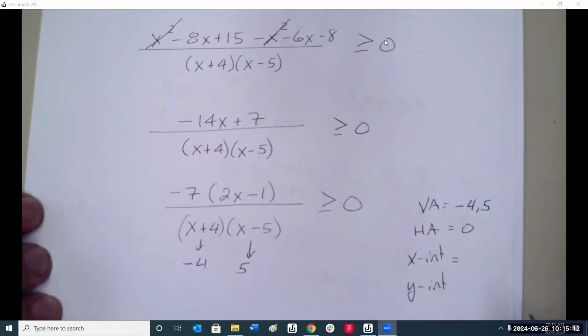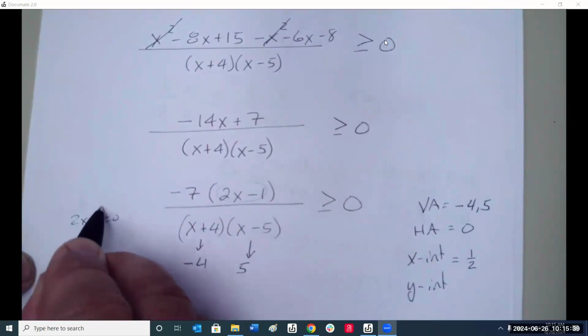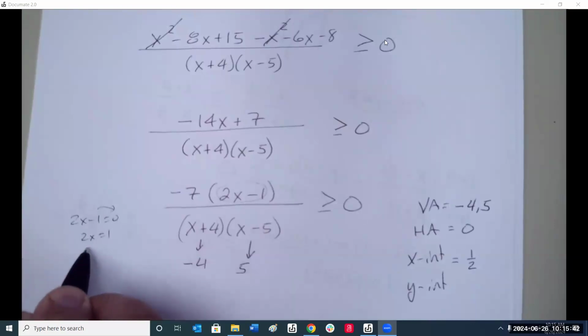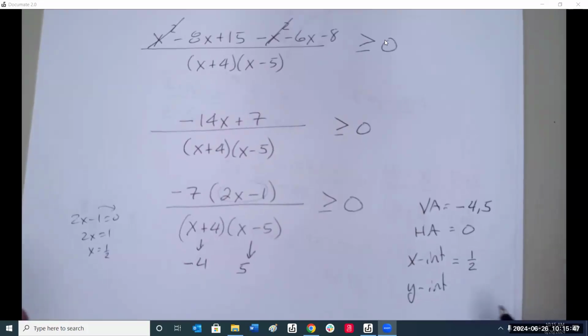X-intercept. One half. So we take this equation, 2x minus 1, set it equal to 0. And x equals 1/2. And the y-intercept?